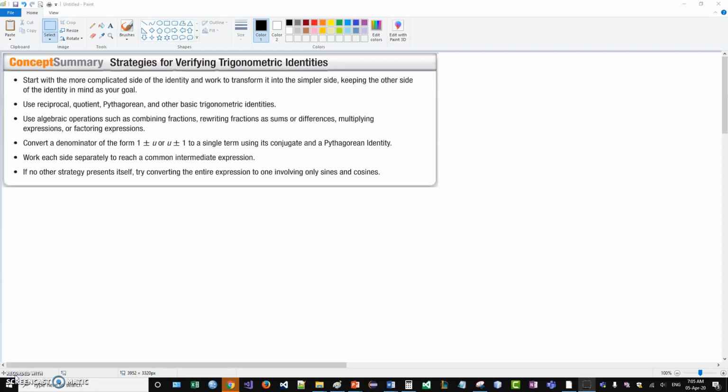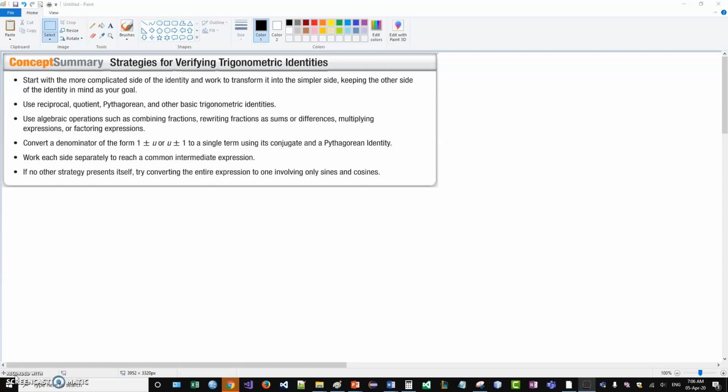Let's look at the summary of the techniques that we used. Start with the more complicated side of the identity, keeping the other side of the identity in mind as your goal. Use reciprocal, quotient, Pythagorean, and other basic trigonometric identities. Use algebraic operations such as combining fractions, rewriting fractions as sums or differences, multiplying expressions or factoring expressions.